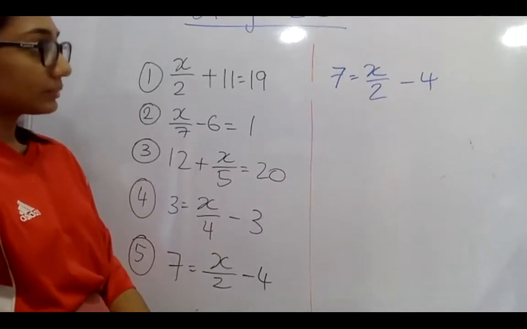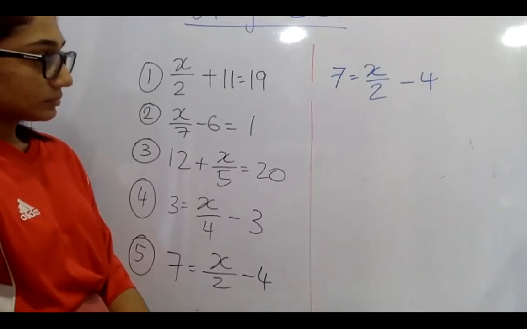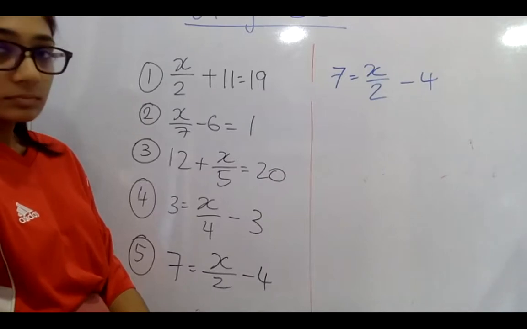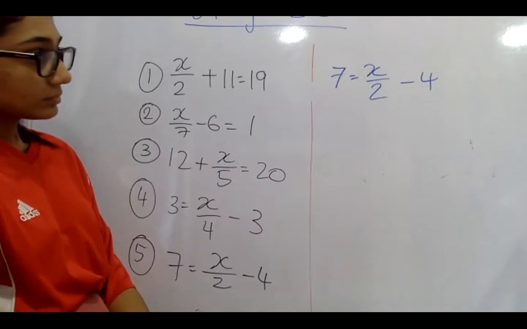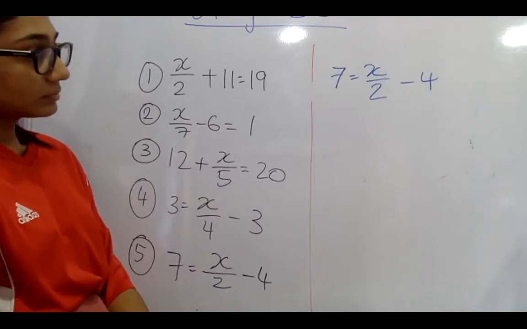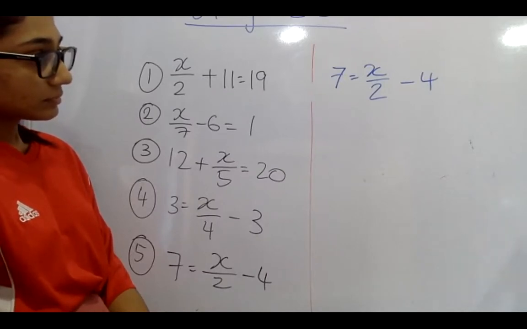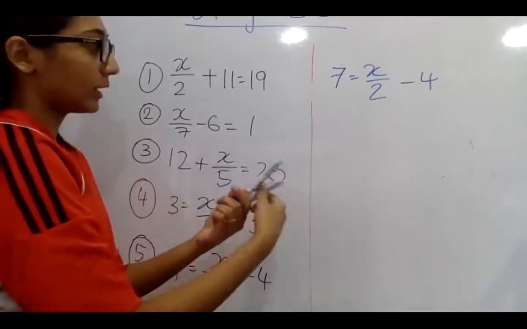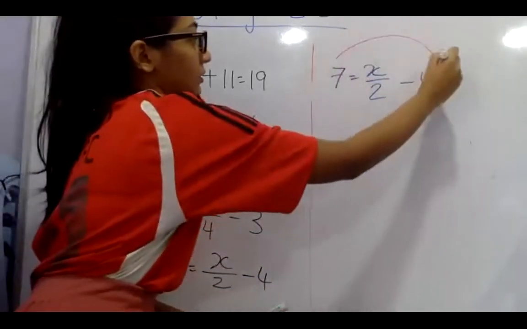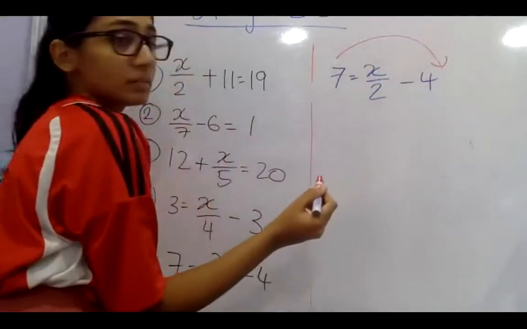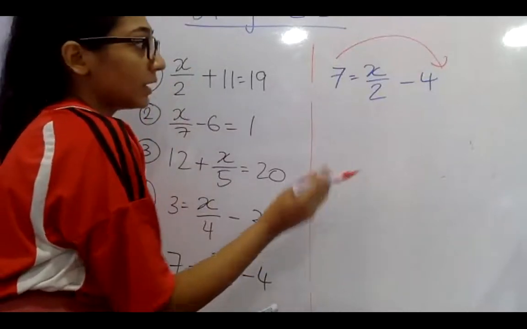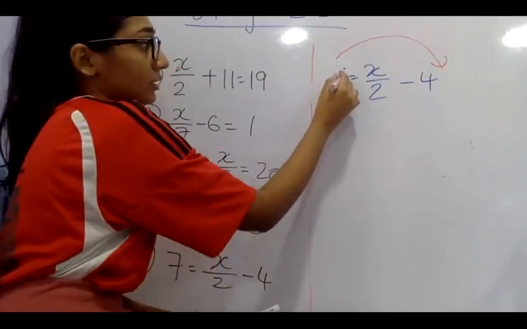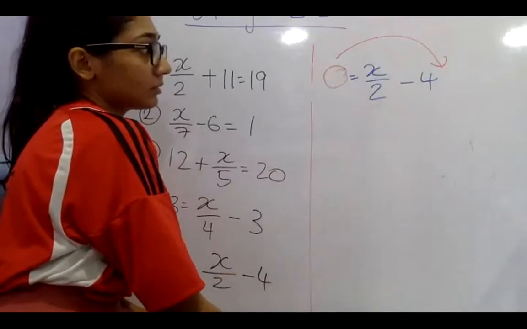So what do I do? Firstly, you bring the 7 to the other side, and then it becomes plus. So I bring the 7 here. And then I'm left with what here? 0.